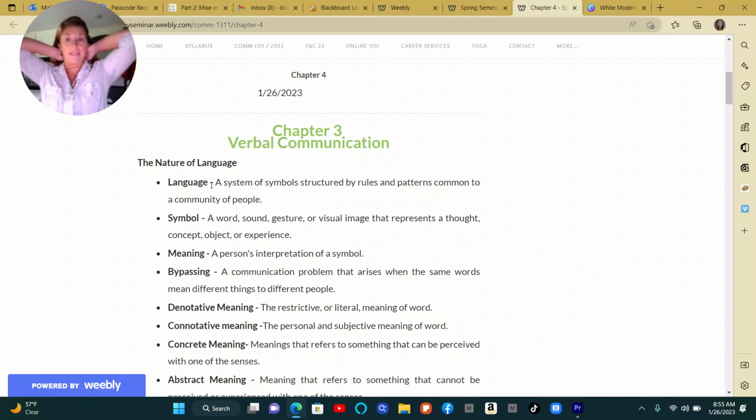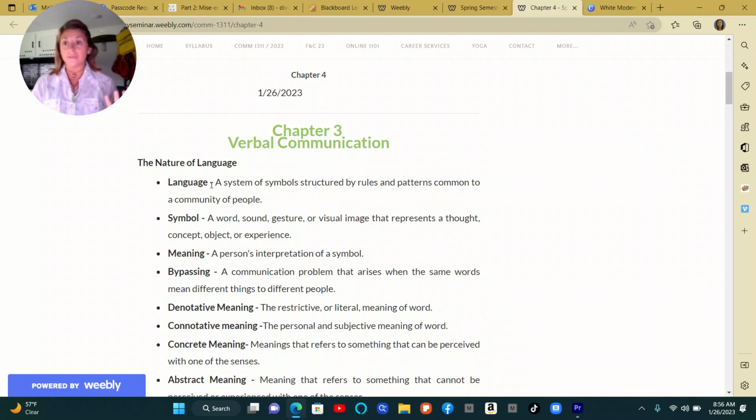So bypassing. This is a communication problem that arises when the same words mean different things to different people. In class, some of our students brought that up in regards to incompetence, right?